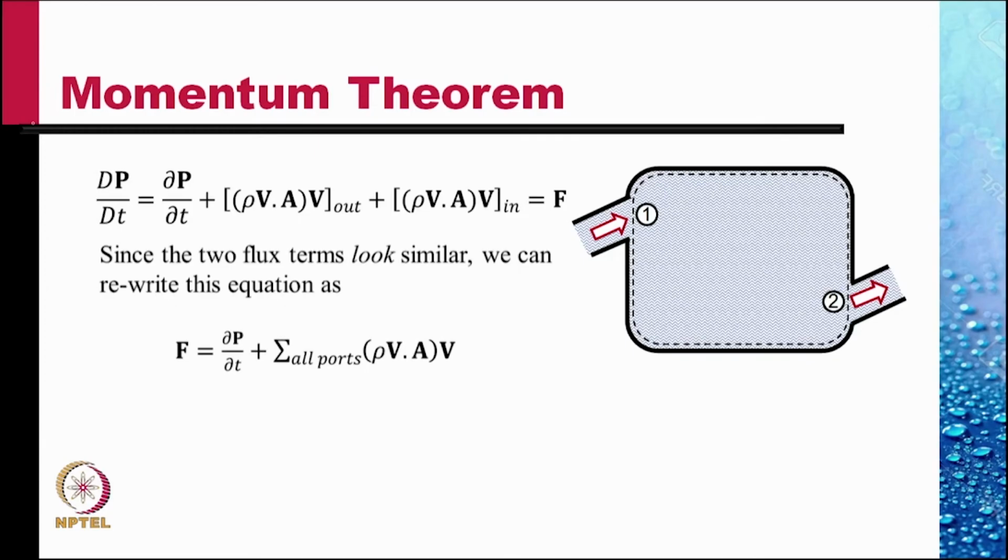And so we can write F, the net external force applied, as equal to the rate of accumulation of the momentum within the control volume plus the net efflux of momentum from all the ports of the control volume.